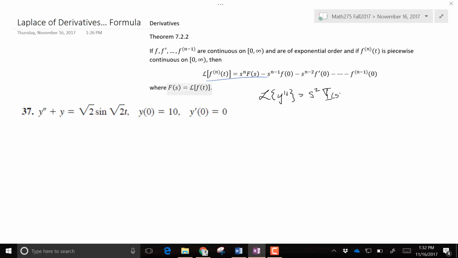And we're going to keep going down with a power. So s squared minus s to the first power. On this one, we don't have the original y now. We have the little y of 0. And then minus one less derivative, and then y prime of 0.